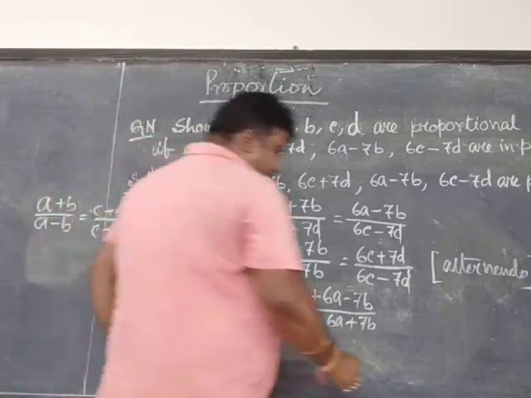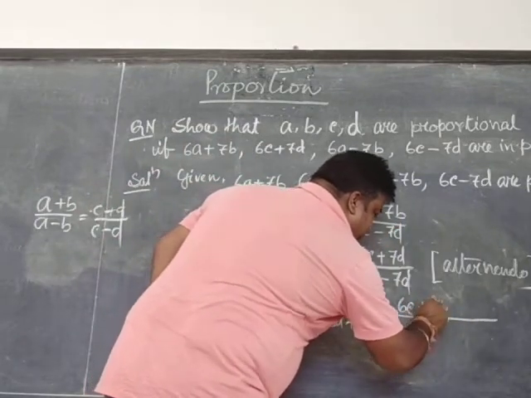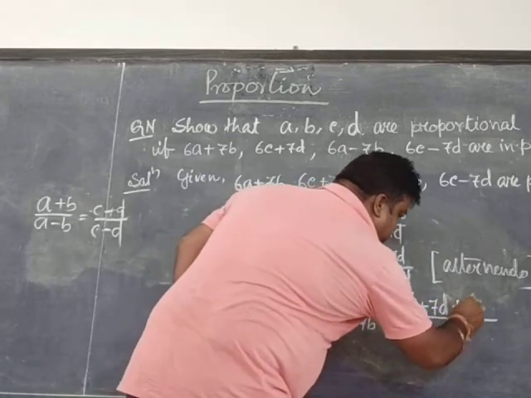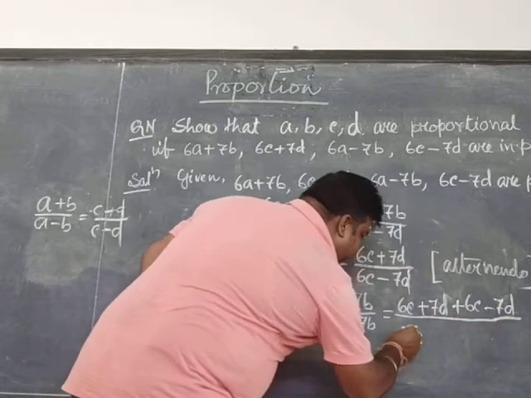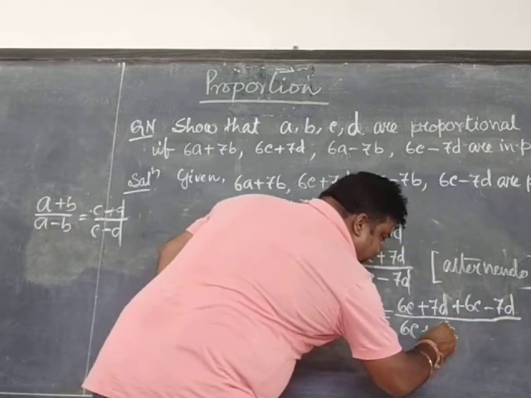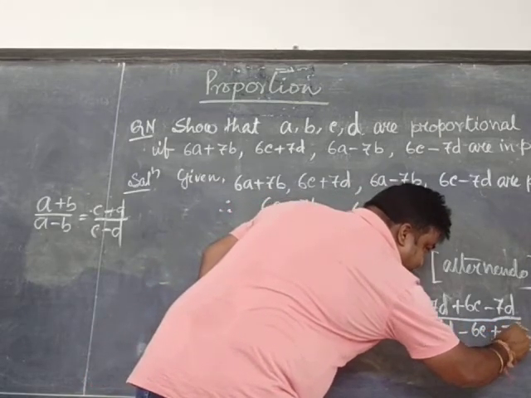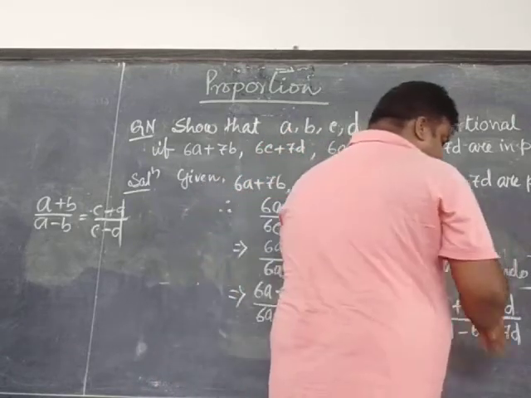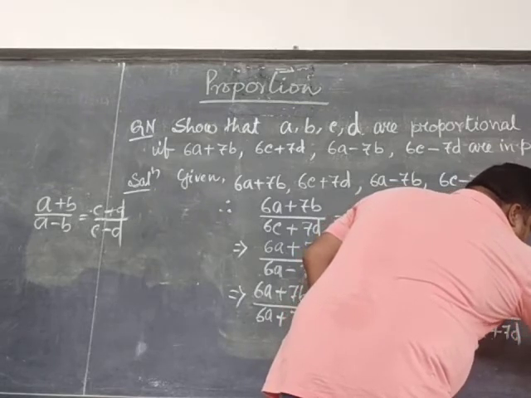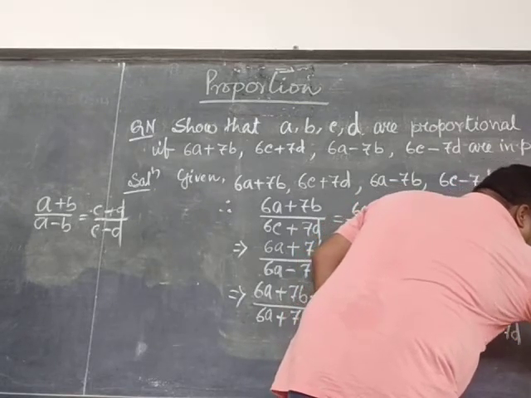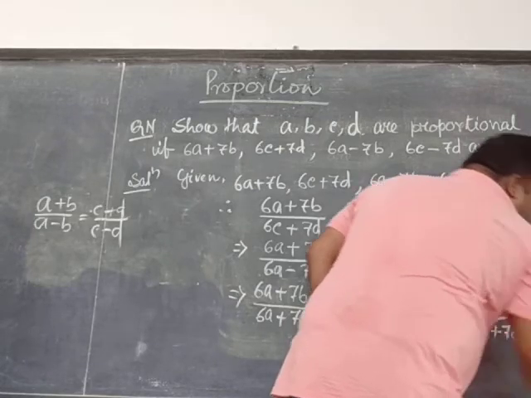And this side it will be 6A plus 7B plus 6A minus 7B by 6A plus 7B minus 6A plus 7B. Here we should write by componendo and dividendo, I am writing in short. Okay?